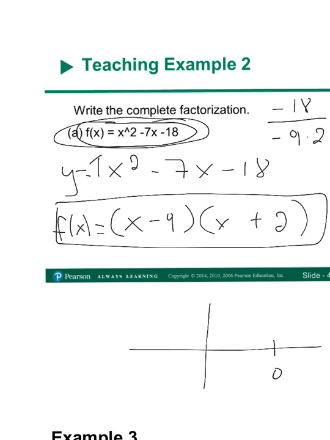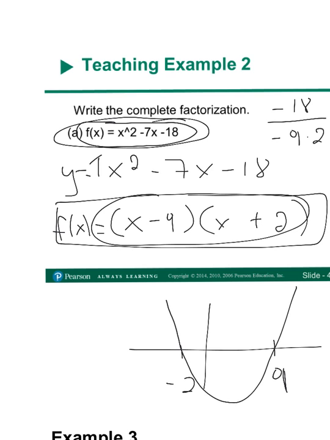One of the intercepts will be +9, and the other one would be -2, and the parabola would open up because a is positive. Okay, now so the real zeros are 9 and -2, or you could say the x-intercepts, 9 comma 0, negative 2 comma 0. And the factor form is x minus 9 times quantity x plus 2.